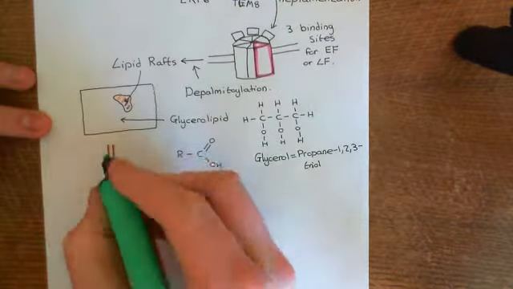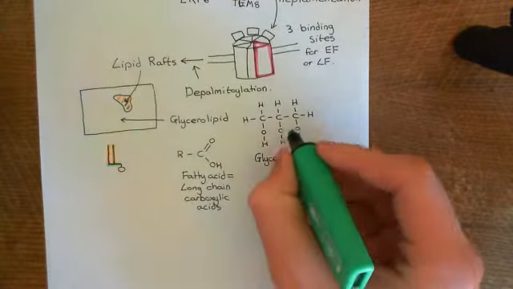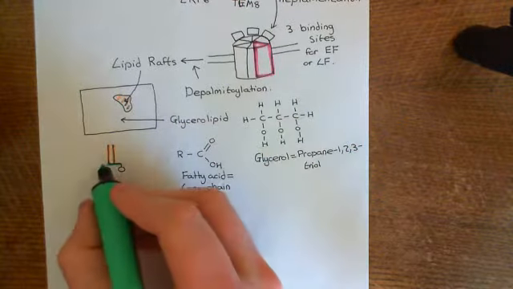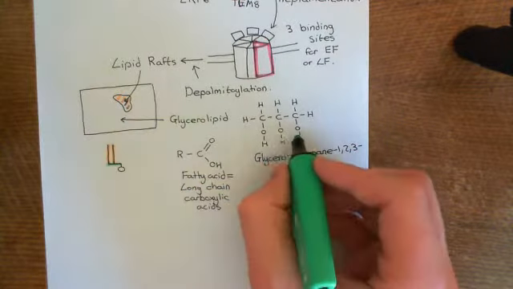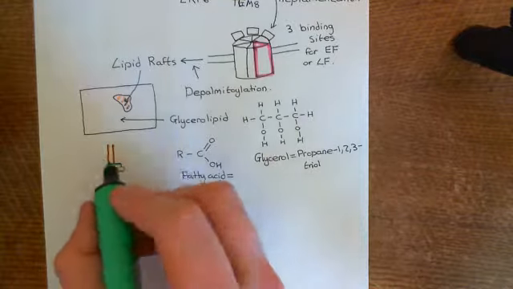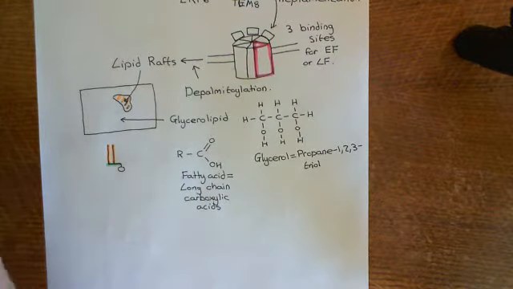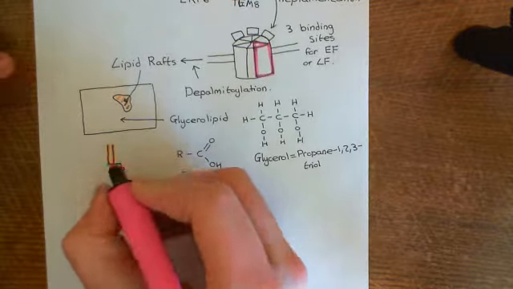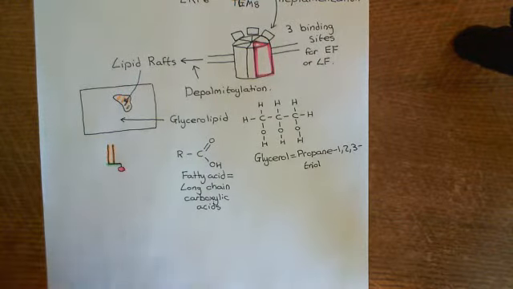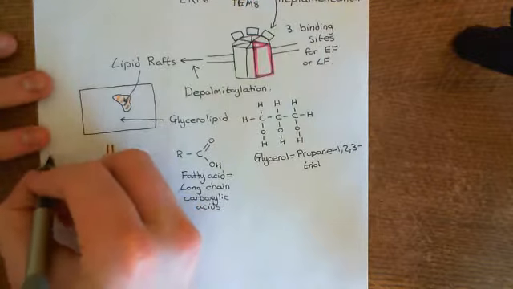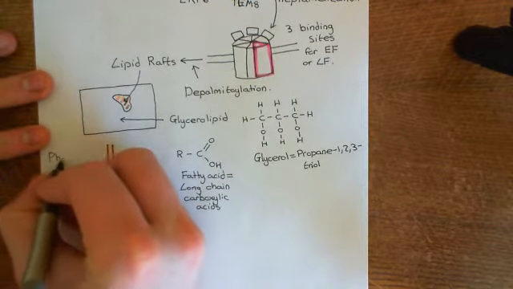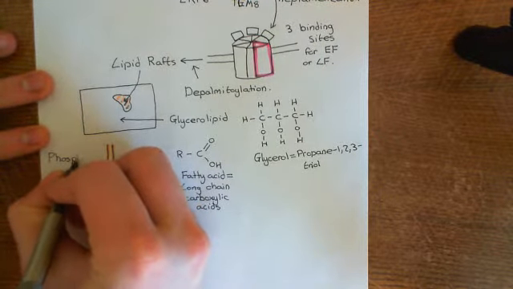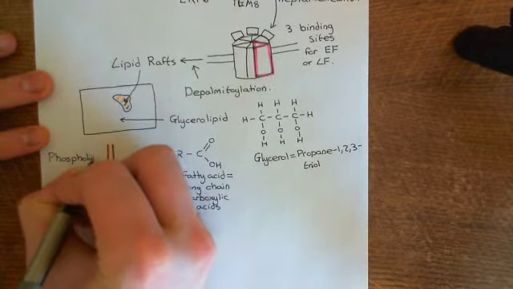This horizontal line here, which is in green, represents the glycerol molecule, and you've esterified long-chain carboxylic acids to the first and the second alcohol groups of the glycerol molecule. And then to the third alcohol group, you have added a phosphate group, and this is the structure of a normal, boring old phospholipid, and most of the cell membrane consists of these phospholipids.